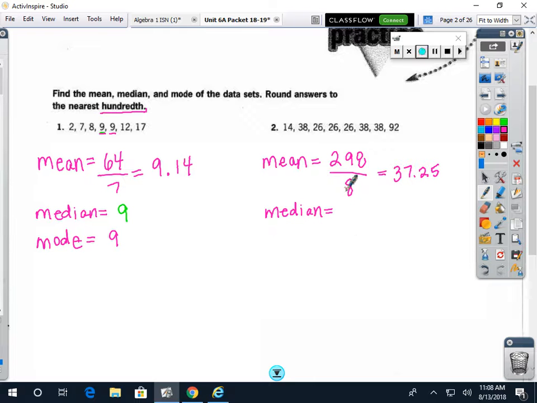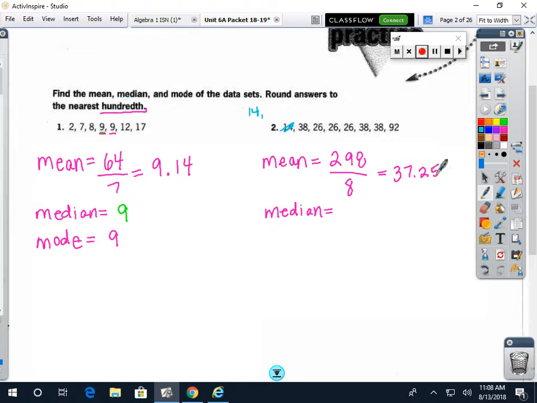Okay? Since there are 8 numbers, that means we're going to have 2 numbers splitting the middle, right? And what are those 2 numbers? 26 and what? 38. So, Krishad, tell me what you think you may have done wrong. Right. We first have to put them in order. So, starting with 14 is the lowest. But then after that, the next lowest is what? Oh, well, but they want it to the hundredths place.